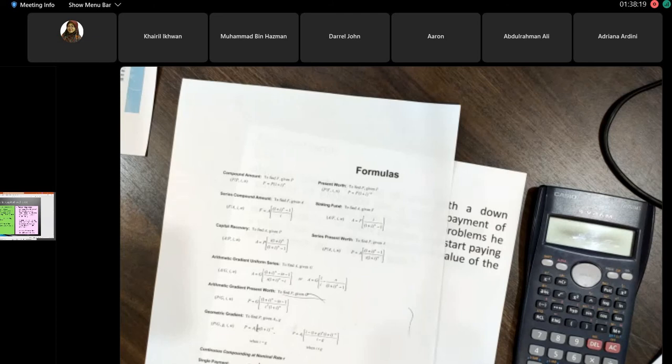It happens only once. It is considered as a single payment, F. Its symbol is F. So you have to use the P over F factor to find the capitalized cost at year 0. Okay.